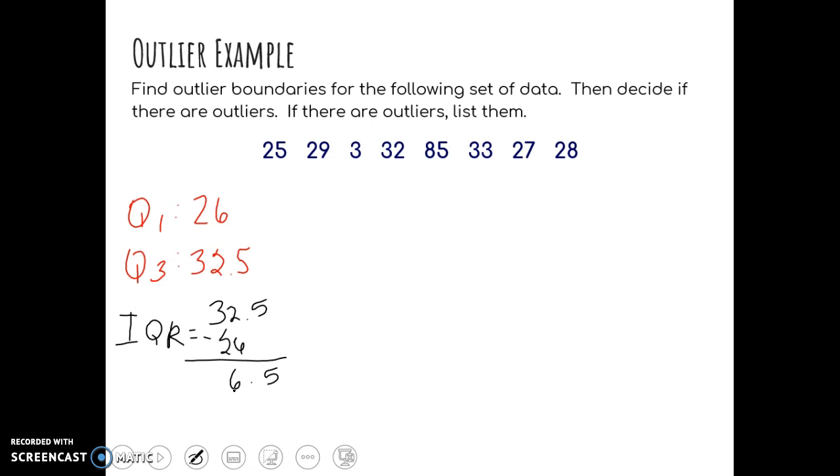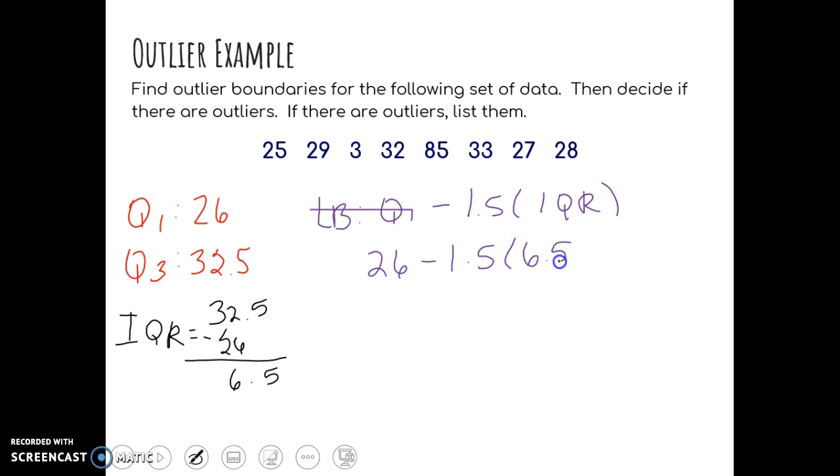So if you remember, the lower boundary is Q1 minus 1.5 IQR. So Q1 is 26 minus 1.5 times IQR, which is 6.5. So that's 26 minus 1.5 times 6.5, which is 9.75.